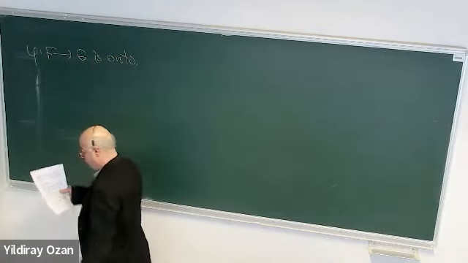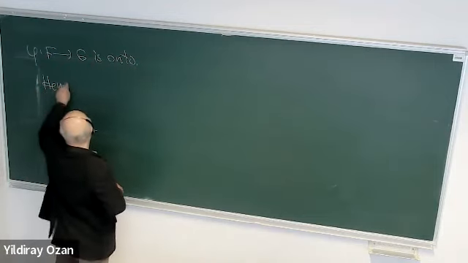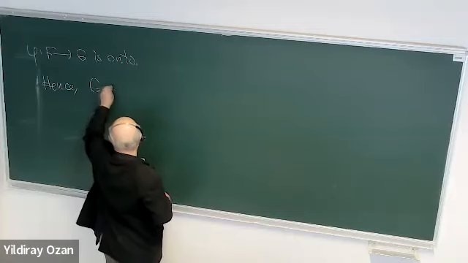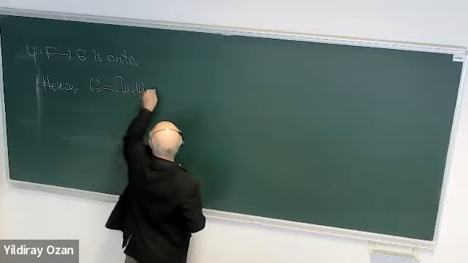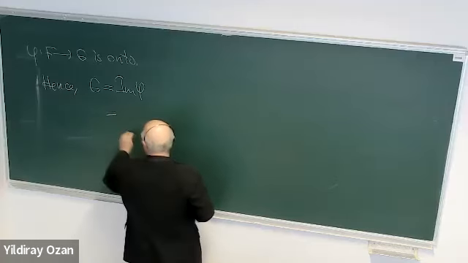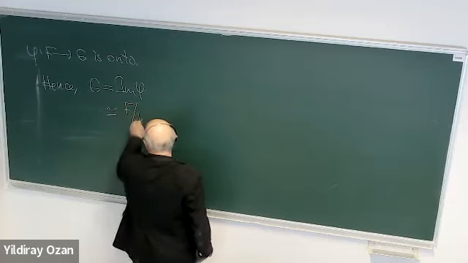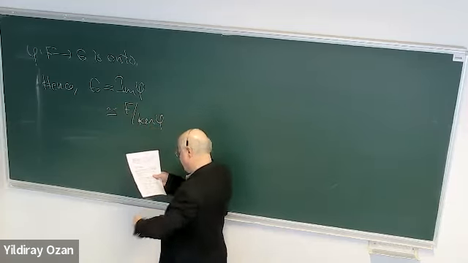Therefore, we can write the following. Hence, G, which is equal to image of phi, but we know that this is isomorphic to F divided by kernel of phi. Okay.